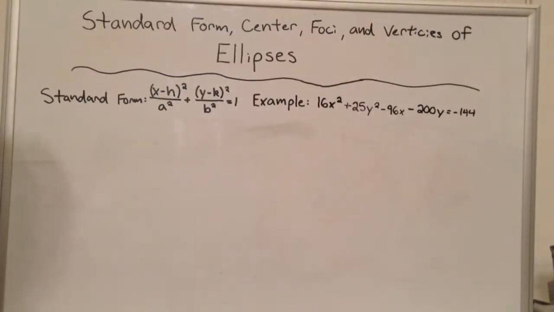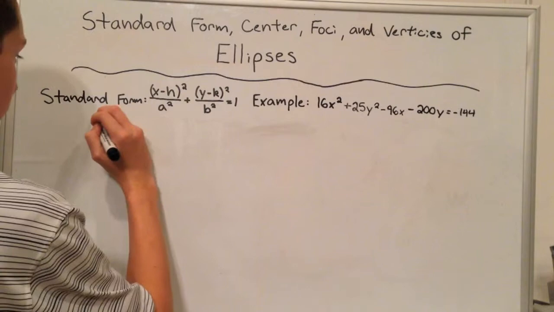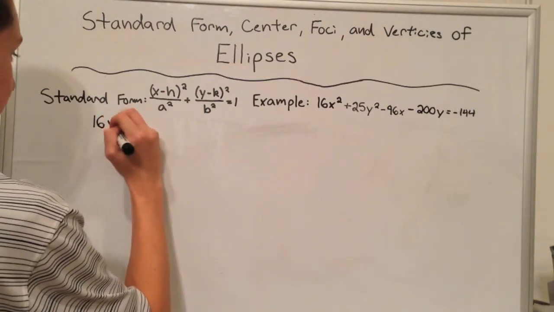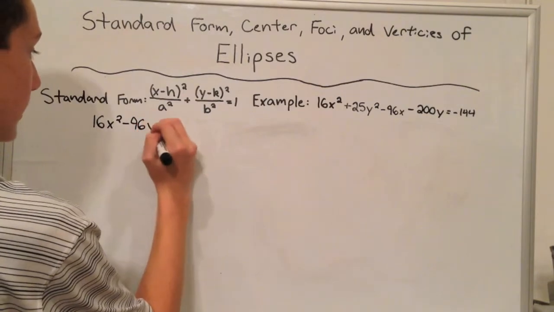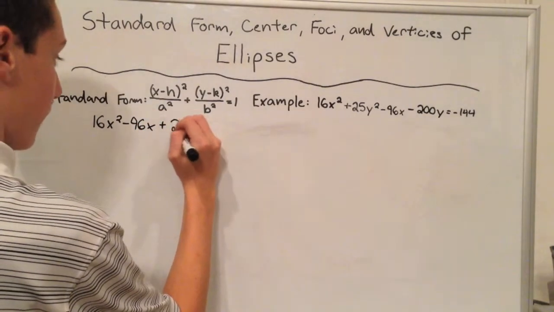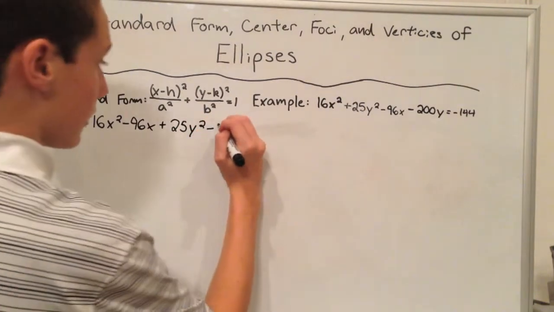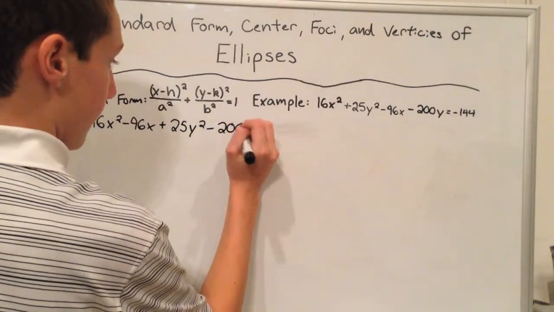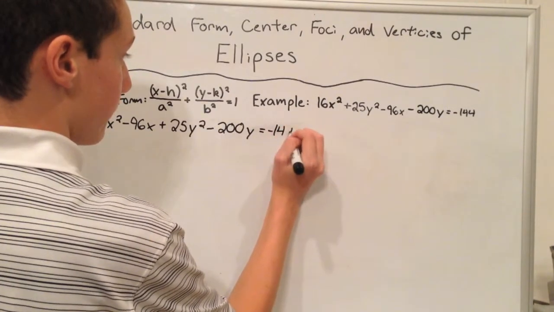So first with the equation, you will need to rewrite it so the x and y values are together. So you will get 16x squared minus 96x plus 25y squared minus 200y equals negative 144.